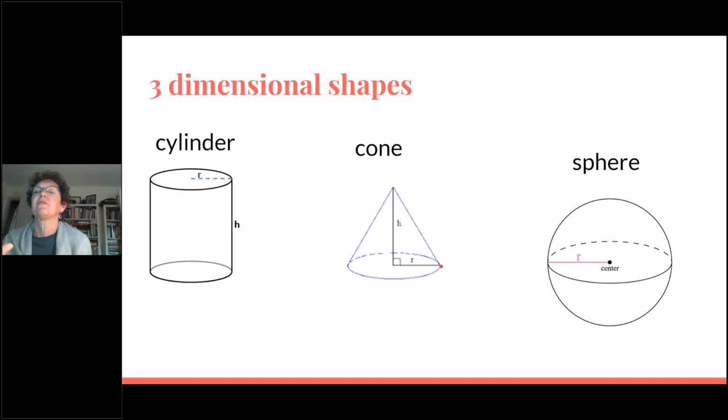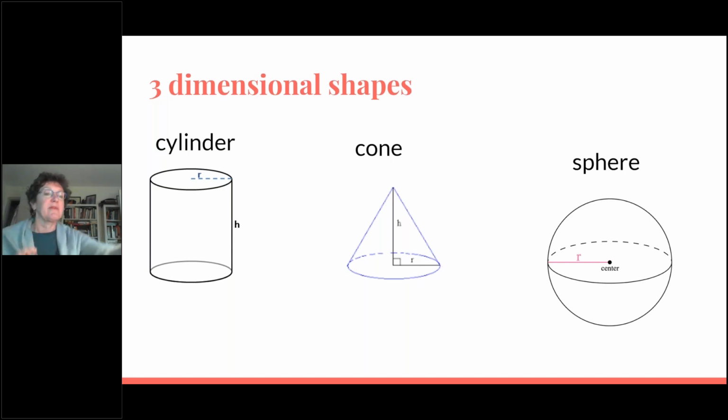Oh, we can't do that in our heads. Wait a minute. Let me step back from that. If this radius is 3 and this height is 5. So radius squared, do that first. You're going to do the exponent.